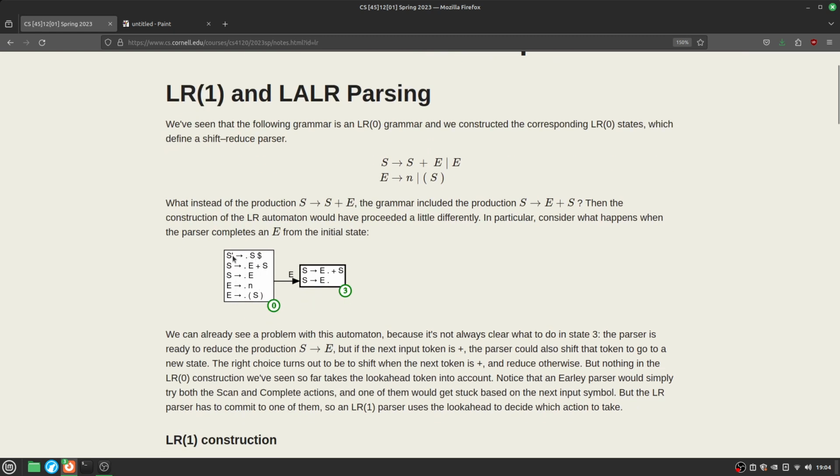So, initial state here, we have to predict S, which gives us E plus S and E. Then we have to predict E, which gives us a number or S within parentheses. So if we ended up at some point down the line completing both of these E's, we would end up in this state where we have E dot plus S, S tends to E dot.